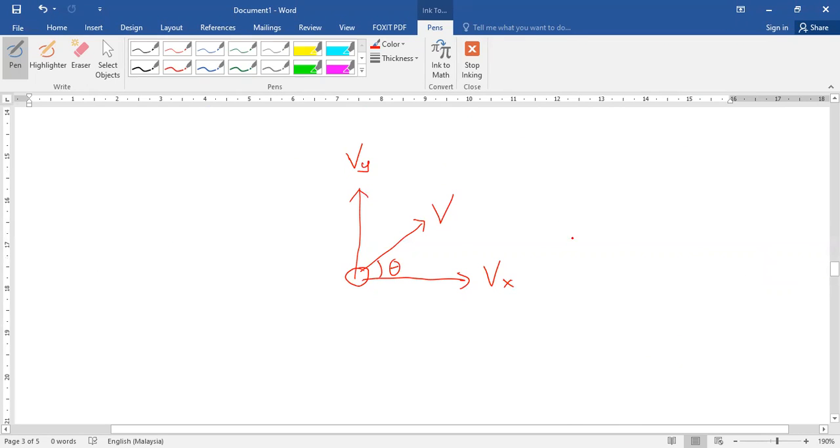So Vx is equal to V cos delta, and Vy is equal to V sin delta.